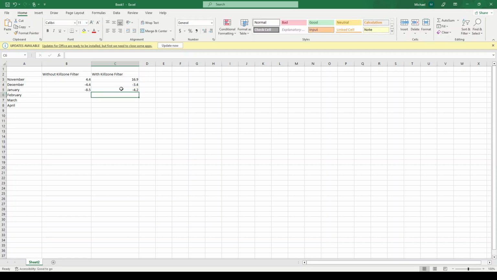Okay, so we have been able to reduce it to a loss of 4.2. So you can see from the results so far, January is bad, December is bad. And that's not surprising because those two months are basically consolidation months.